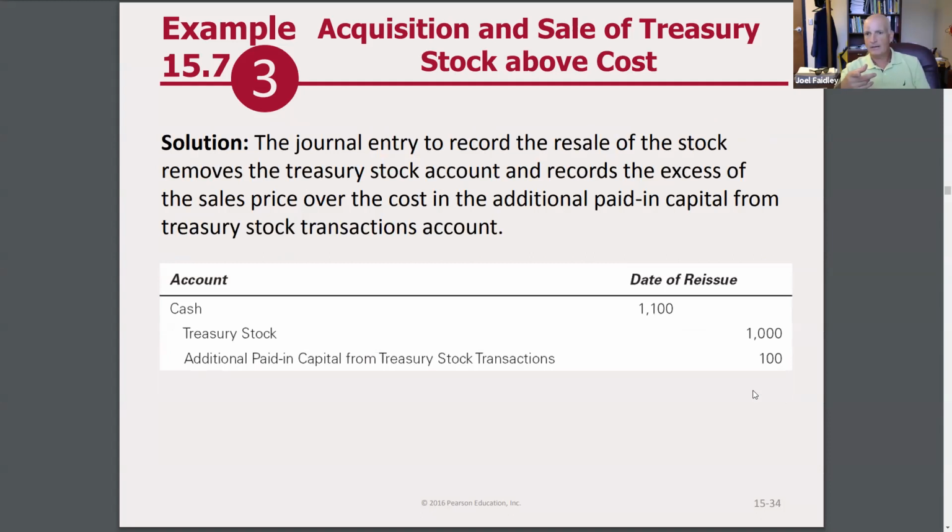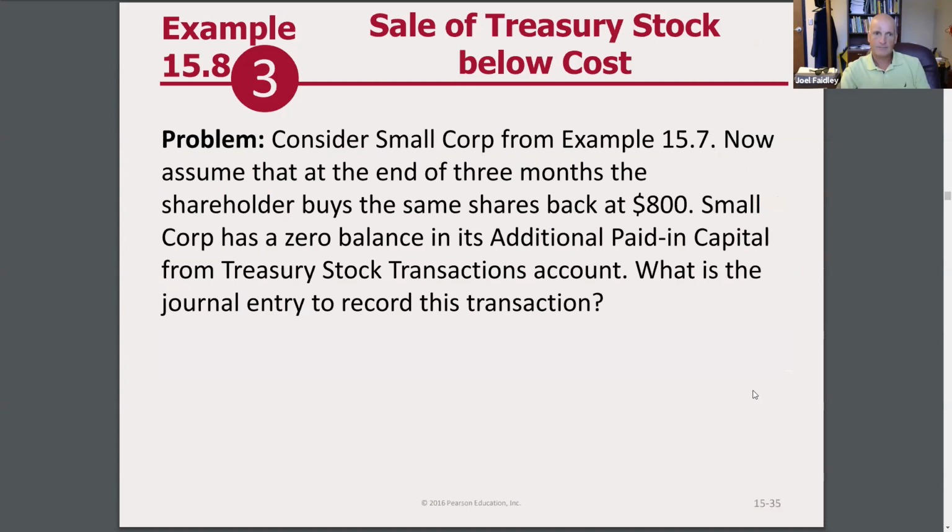There's $1,100 cash from reselling my stock. The treasury stock has to be zeroed out. Treasury stock is zero now. And then the gain goes to additional paid-in capital from treasury stock transactions. It doesn't go to your income statement. It stays on your balance sheet in equity. Even though it's an investment, you got a gain, it doesn't go to the income statement.